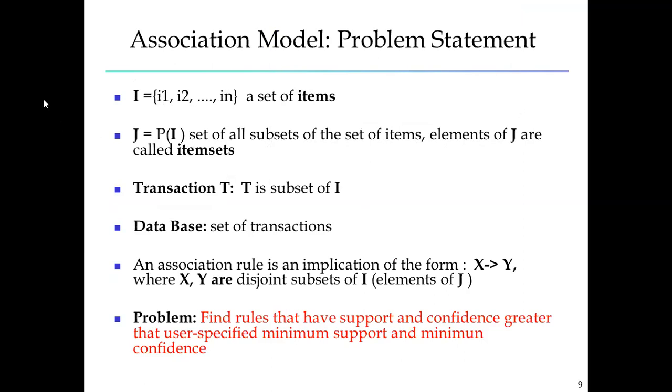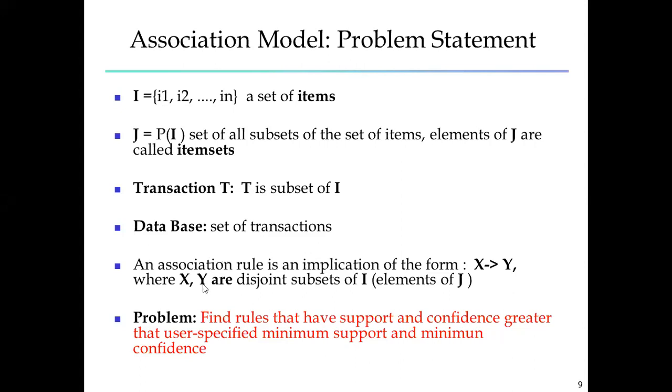The power set of I is all possible subsets of the set I, and that is our J. T is a transaction, a subset of I. I is the total items in the shop, and a particular transaction has some subset of I, some atoms in its set.